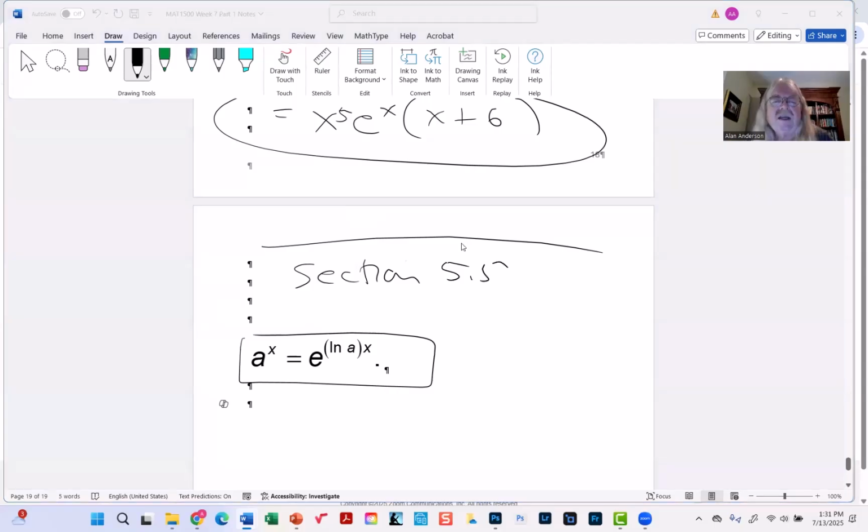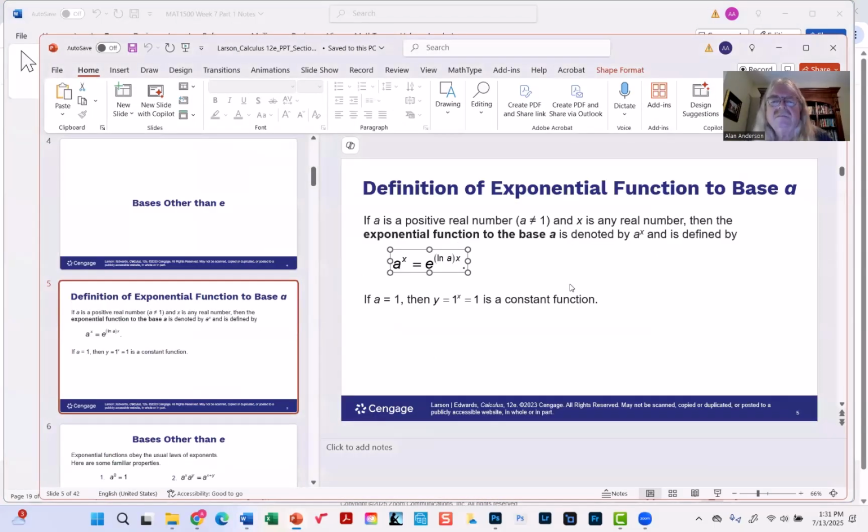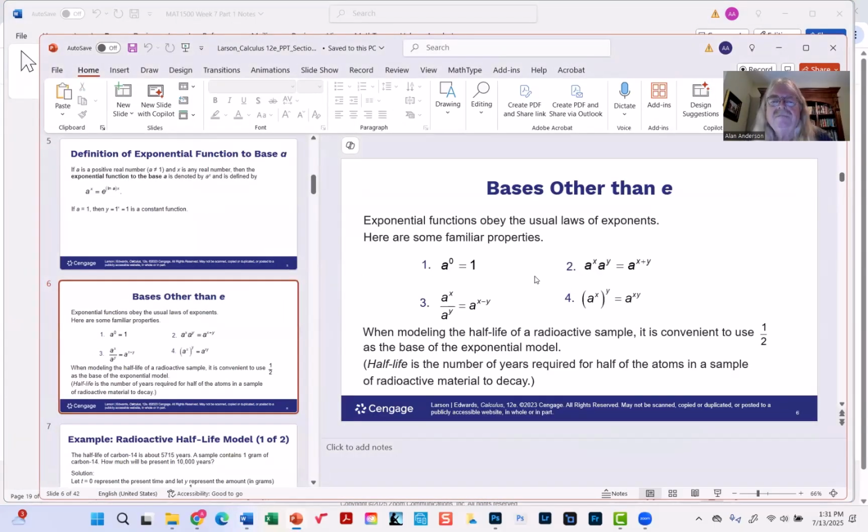All right, so for example, all right, well, this is exactly what we were looking at before. a to the 0 was 1. Here we have the product rule for exponents. a to the x times a to the y is a to the x plus y. Here we have the quotient rule for exponents. a to the x over a to the y is a to the x minus y.